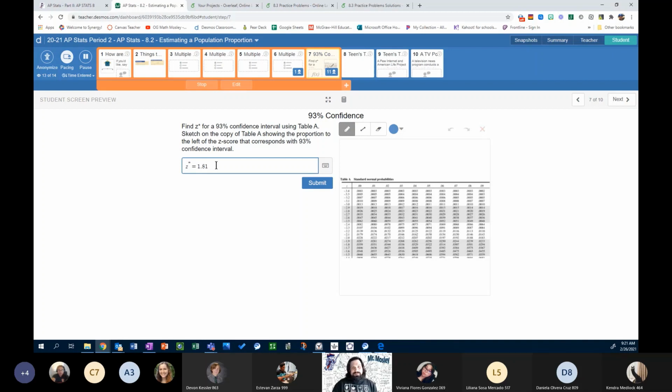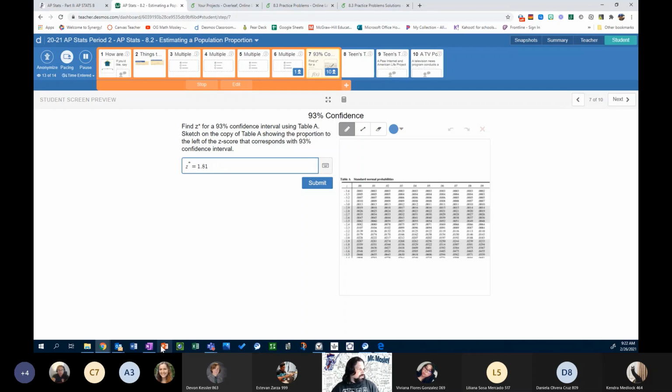Technically we could keep it negative as well, and we'd get the exact same results if we use negative 1.81 in our calculation, but our margin of error would then be calculated as a negative number, and that is not correct. The margin of error is a positive number.